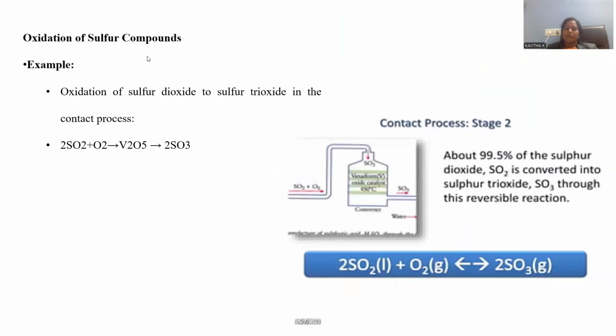Oxidation of sulfur compounds. Everybody is aware of sulfur and its acids. Sulfuric acid is a material which has a wide range of applications. It is a versatile mineral acid, and it is the strongest among inorganic or mineral acids, that can be synthesized by the process called the contact process.